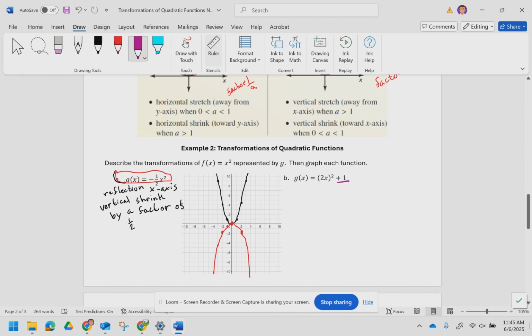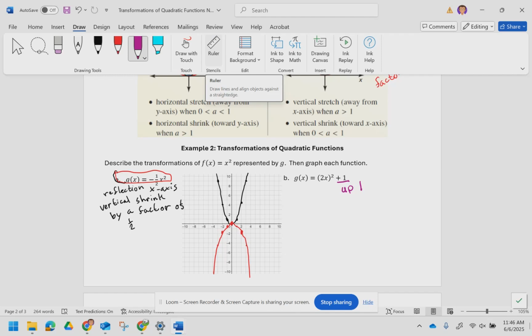We've got this +1. That one's just going to take us up 1. Notice this time we're multiplying on the inside. So this one is going to cause us a horizontal stretch or shrink.